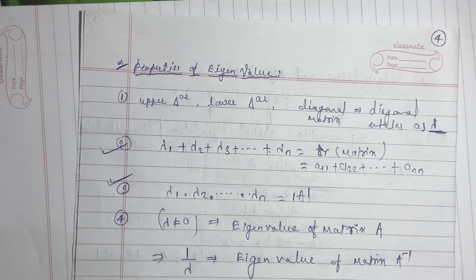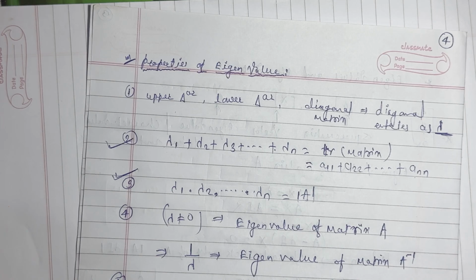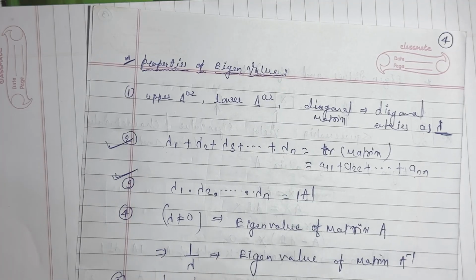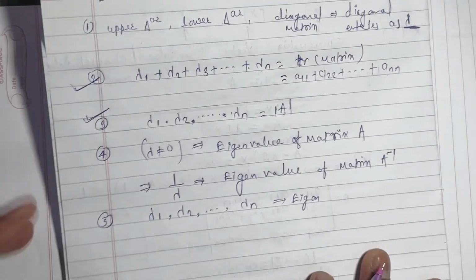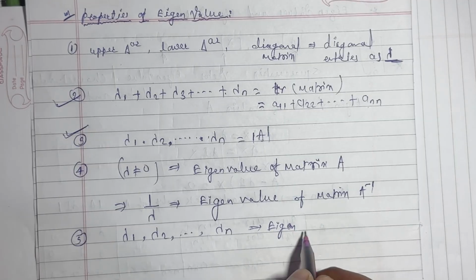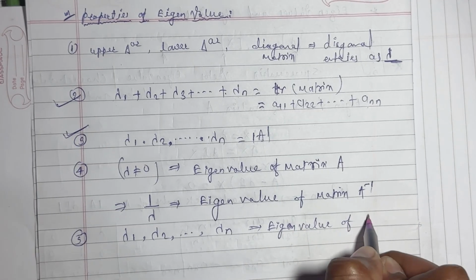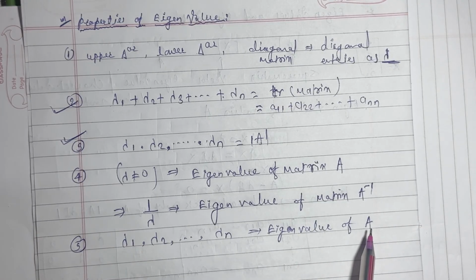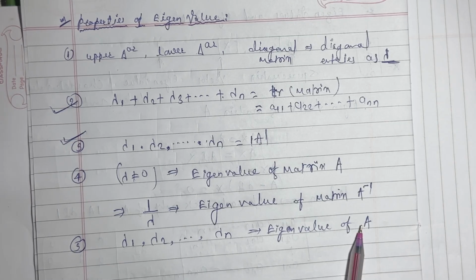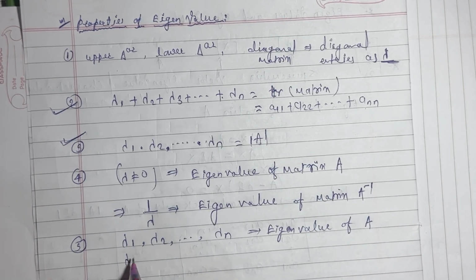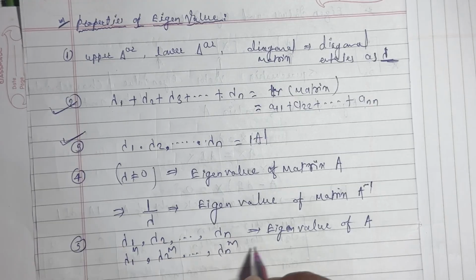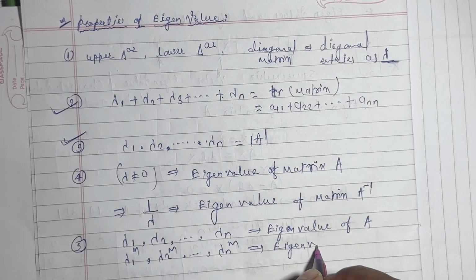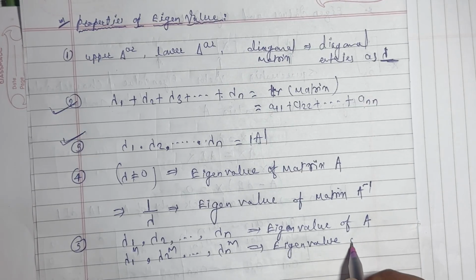So the next remark, fifth. If lambda 1 to lambda n are eigenvalues of matrix A, then lambda 1 raised to m, lambda 2 raised to m, up to lambda n raised to m are eigenvalues of A raised to m.